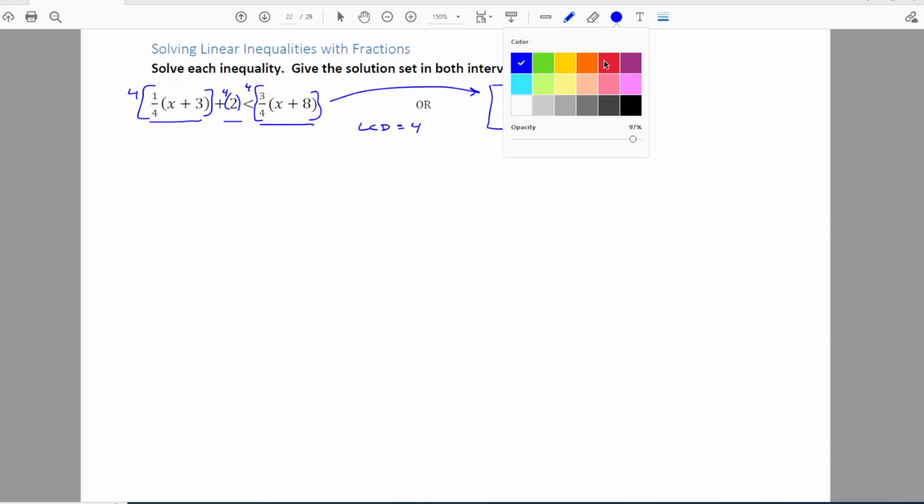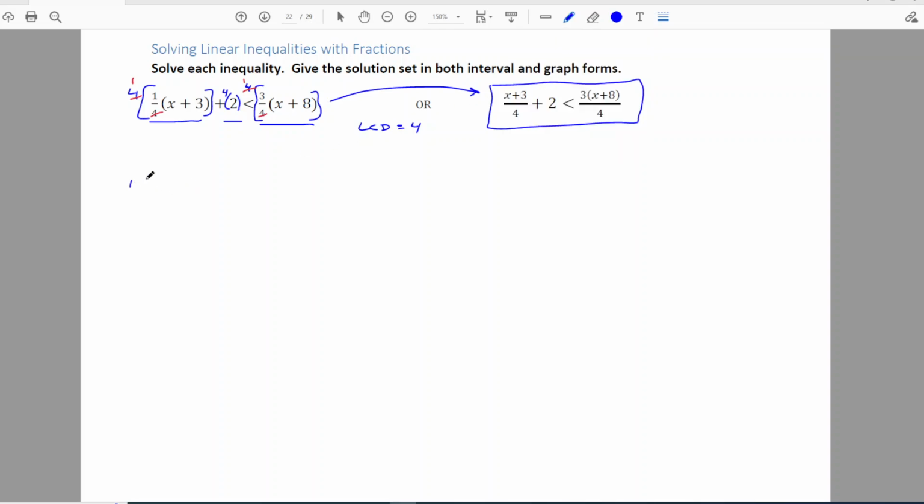Then that allows me to go 4 divided by 4 is 1, and 4 divided by 4 is 1. I would be left with 1 times x plus 3 plus 4 times the 2 is less than 3 times x plus 8.